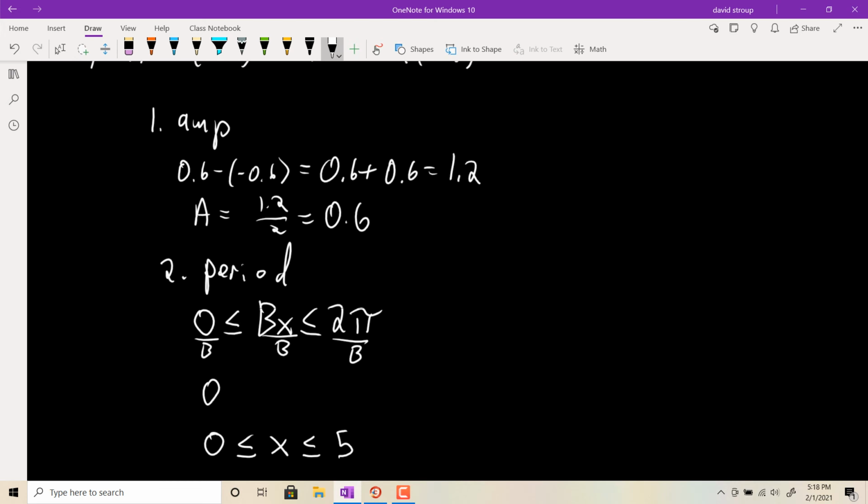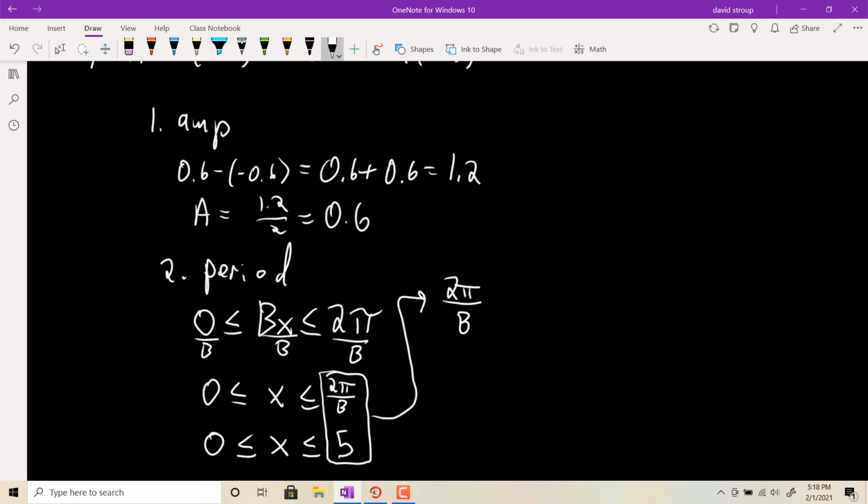So we would have 0 less than or equal to x less than or equal to 2 pi over b. In other words, we want 2 pi over b to equal 5. And we could solve this for b.